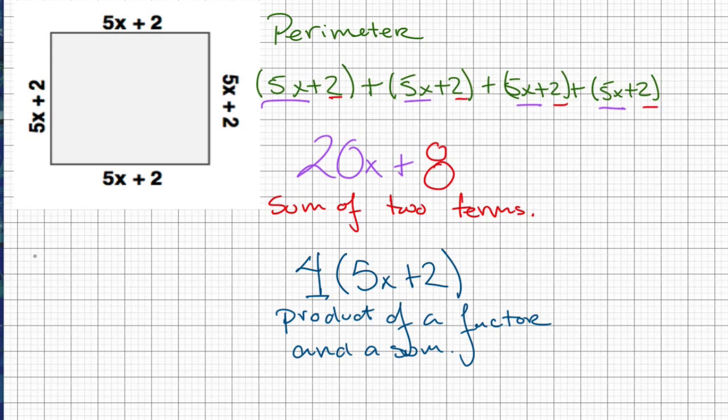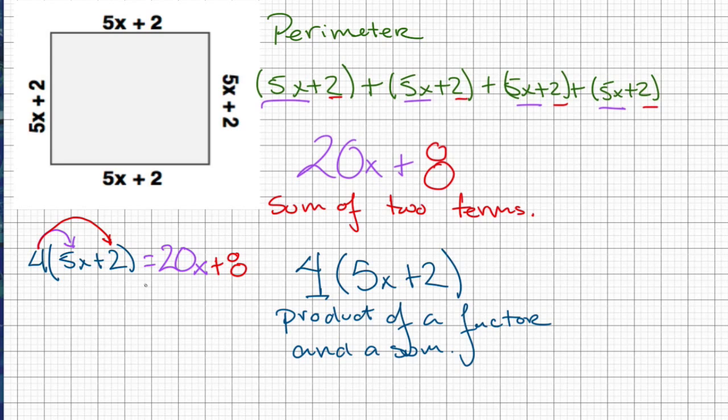So I'm going to rewrite this over here real quick. 4 times 5x plus 2. And I'm going to use the distributive property to prove to you that it is equal to 20x plus 8, right? So we're just going to distribute this. 4 groups of 5 would be 20. This is 5x, so we're talking about 20 x's here. And I can also say I have 4 groups of 2. That would equal 8, right?